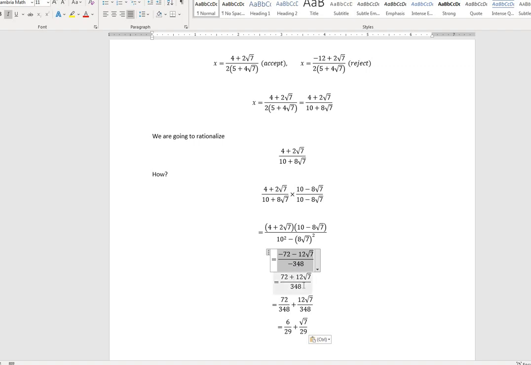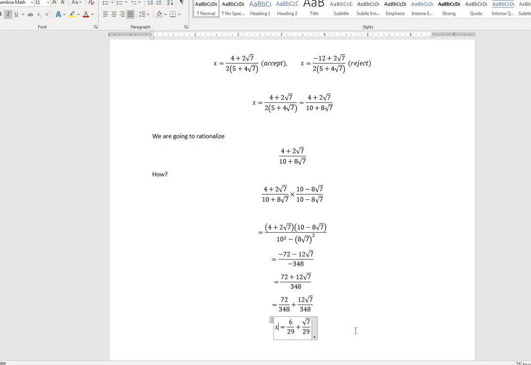You get the positive. Then you break the single fraction into two fractions, and then you simplify. So this is the final answer of x, which is a positive value.